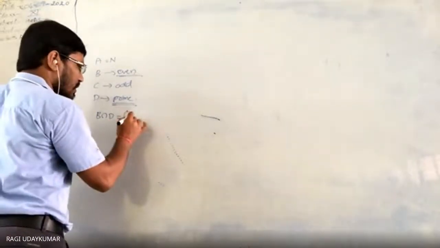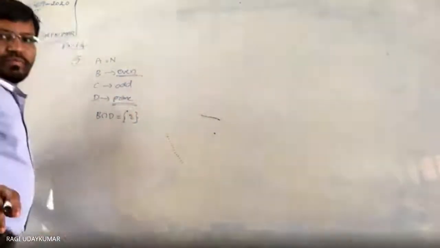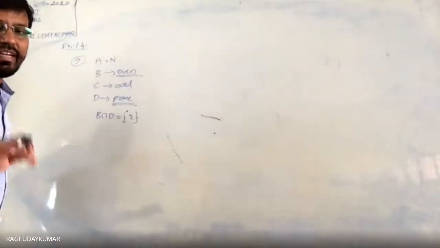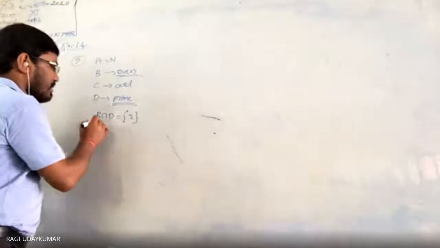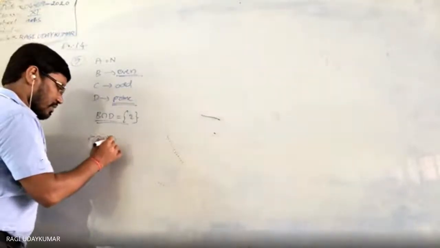Only 2. 2 is the even prime number, even as well as prime. So B intersection D is 2. And the next question is C intersection D. Can you write the C intersection D? What do you get?